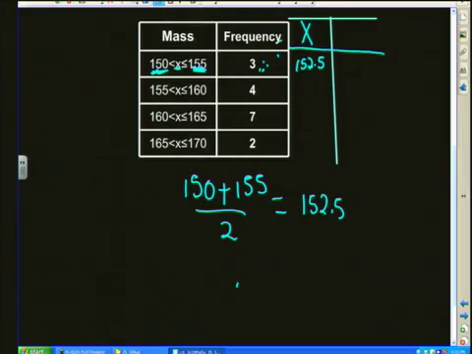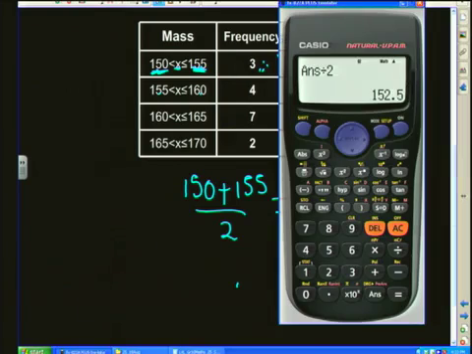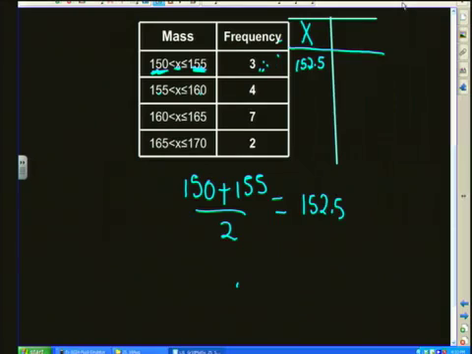Okay, for the next one, I'm going to take 155 plus 160 and then divide that by 2. We'll just put our answers straight into our column there under midpoint. So it's 155 plus 160 divided by 2. And we get 157.5.